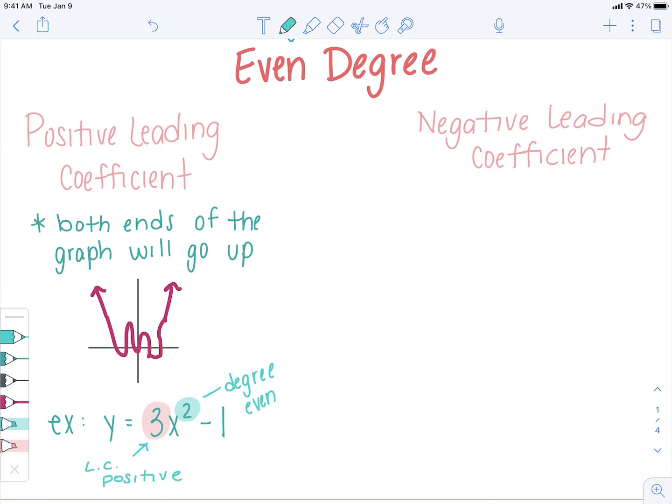So if I still have an even degree, but now my leading coefficient becomes a negative number, all that's going to happen is both ends of the graph will face down. And you saw this with parabolas and when we talked about reflections. So if we throw a negative in there, all that's going to happen is the graph is going to flip upside down and both ends will face down.